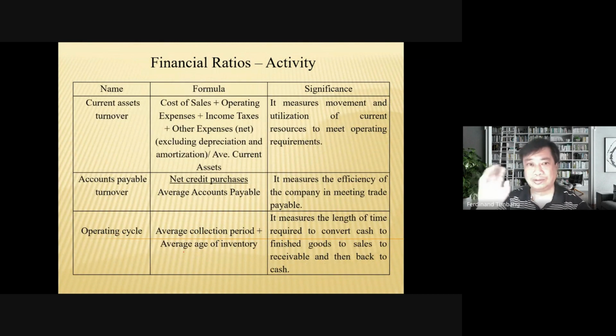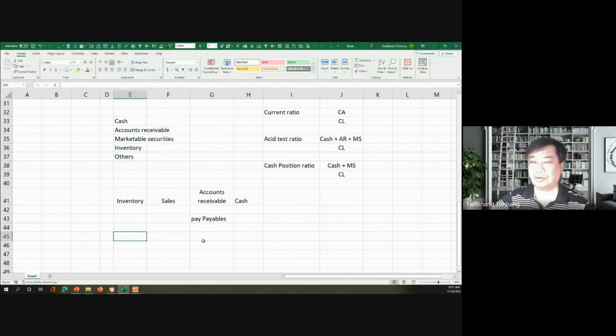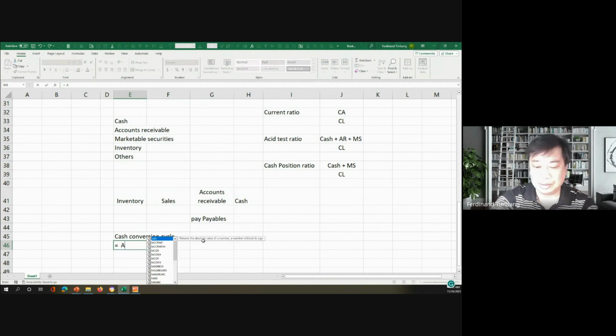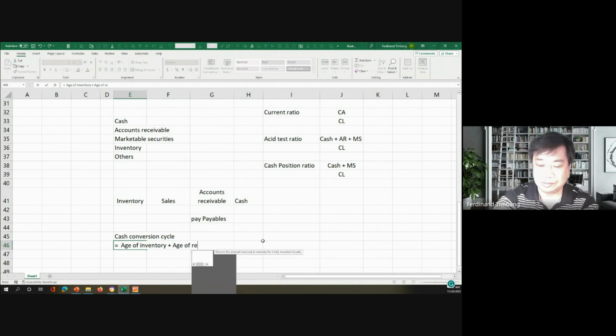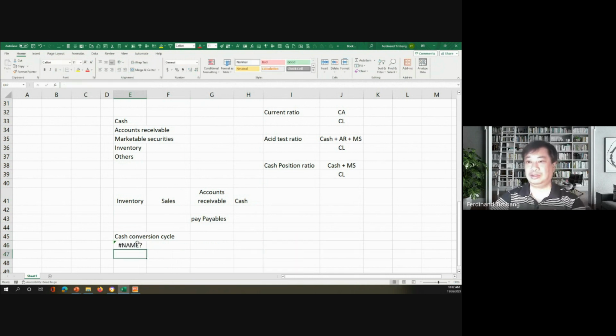Pero meron pa tinatawag na isang formula, yung cash conversion cycle. Now, yung cash conversion cycle, type natin sa labas. Ang formula nito ay the age of inventory plus the age of receivables, then minus the age of payables.